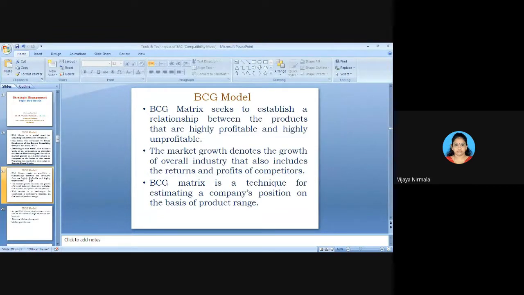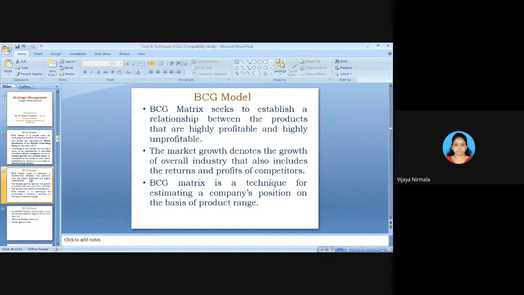Based on that, the position of the company will be estimated with the help of this BCG matrix technique. It tells us, based upon the product range that has been launched in the market, which place our company is in. That can be known through this BCG matrix, right?